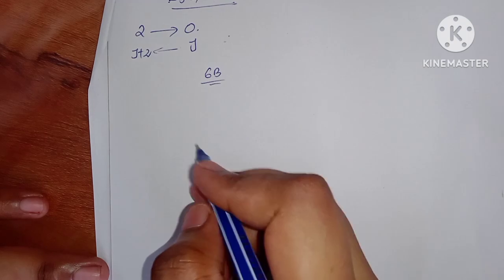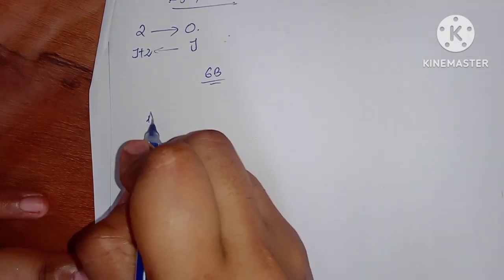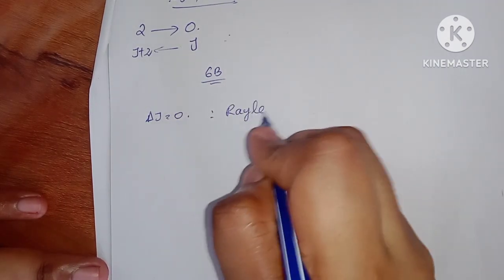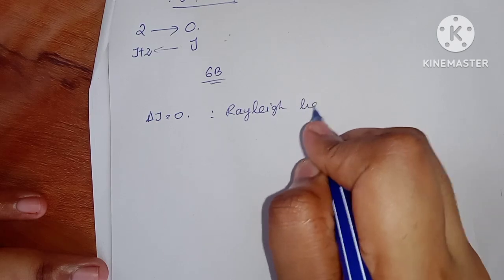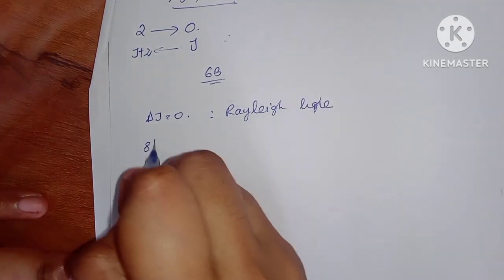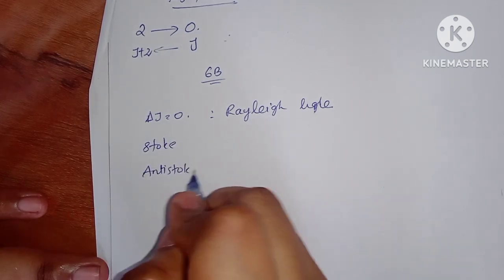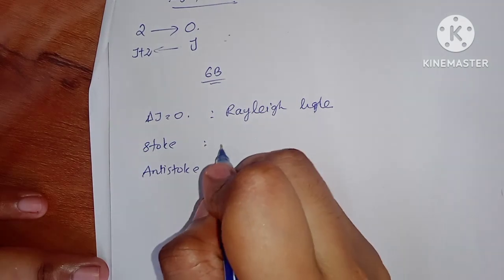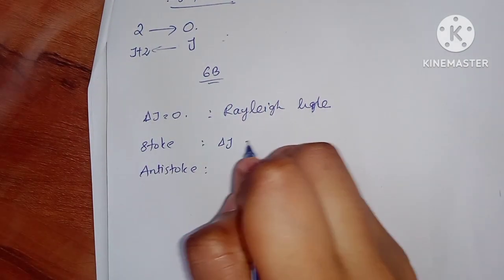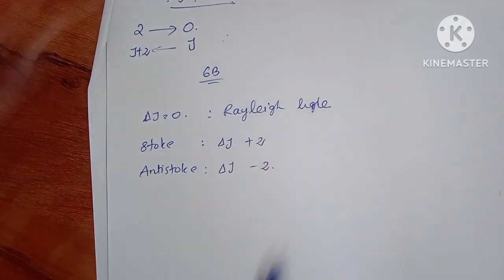So let's see how we plot these energies. First we are considering delta J equal to 0, which is the Rayleigh line. Compared to the Rayleigh line, we have to see whether the Stokes and anti-Stokes lines come on the left or right side. Stokes means delta J is equal to plus 2. Anti-Stokes means delta J is equal to minus 2.